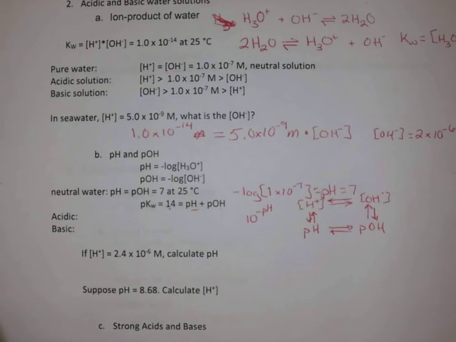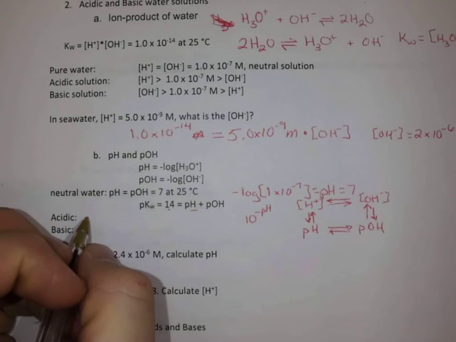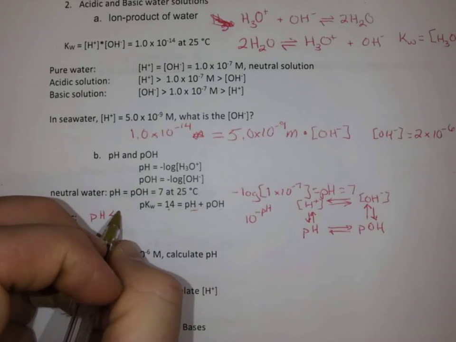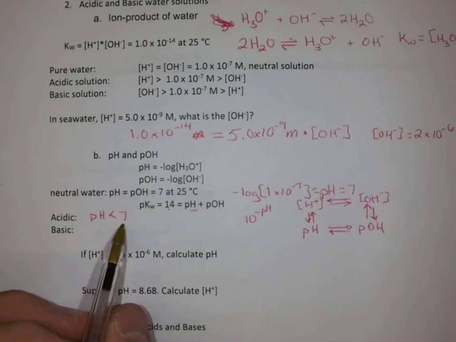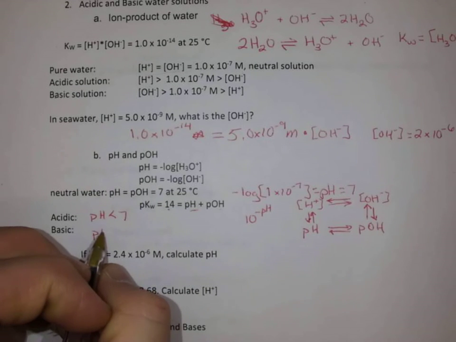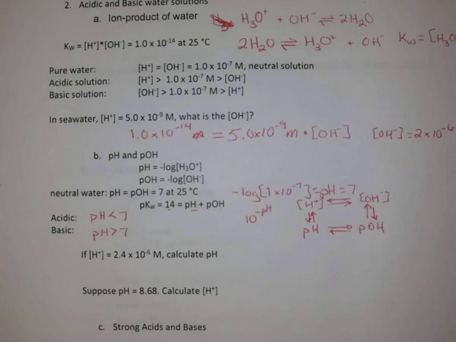So if we have an acidic solution, pH is going to be less than 7, again, at 25 degrees C. If we have a basic solution, the pH is going to be greater than 7, okay? Again, pH is not pOH. It gets confusing. We have to make sure that we keep these things separate in our minds, okay?